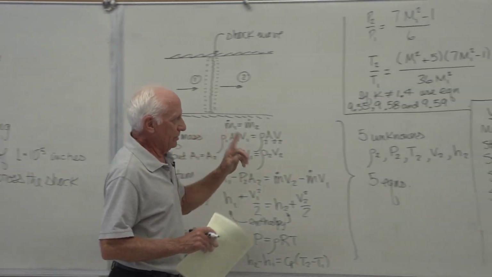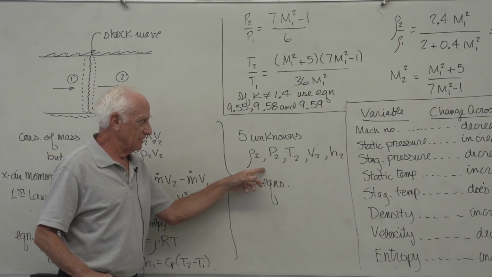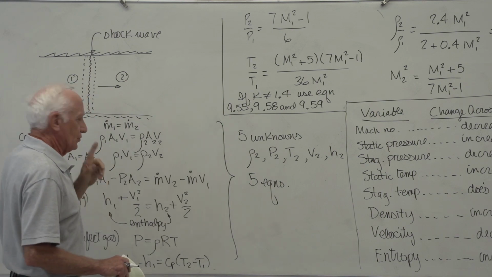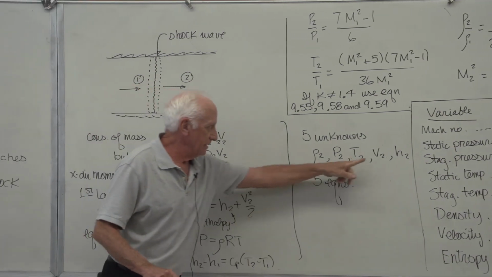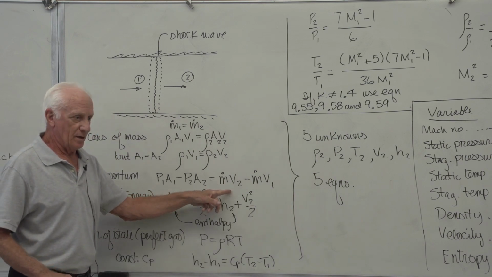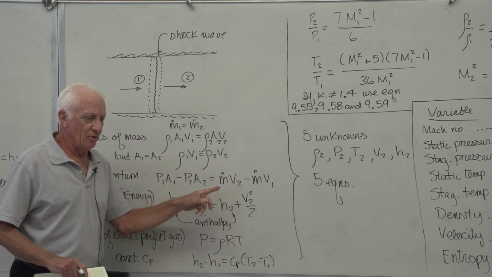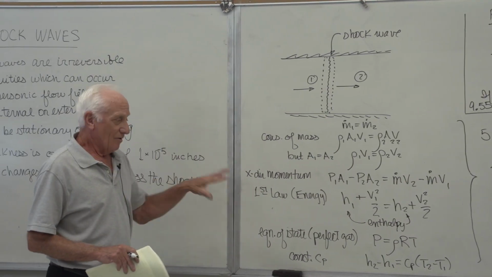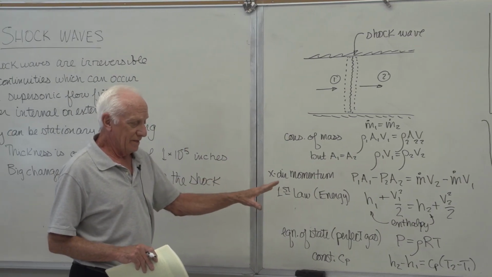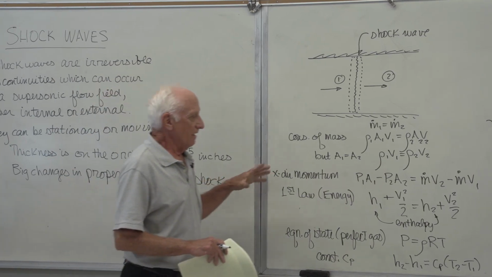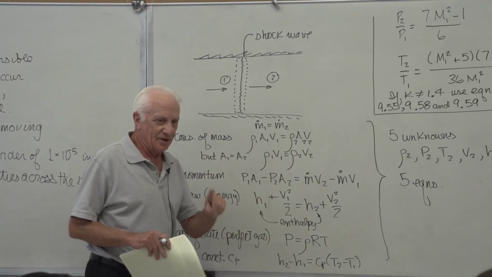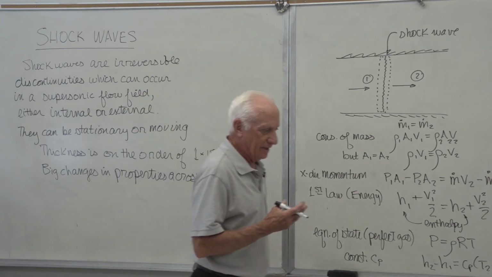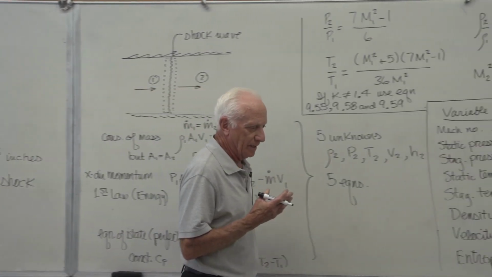Now, when you solve these 5 equations for these 5 unknowns, you're going to get 2 values of V because it's squared. When you take the square root, you get 2 values of V. Now, with those 2 values of V, the textbook goes through it. If you put those in the change in entropy, one gives you a positive change in entropy and one a negative change in entropy.